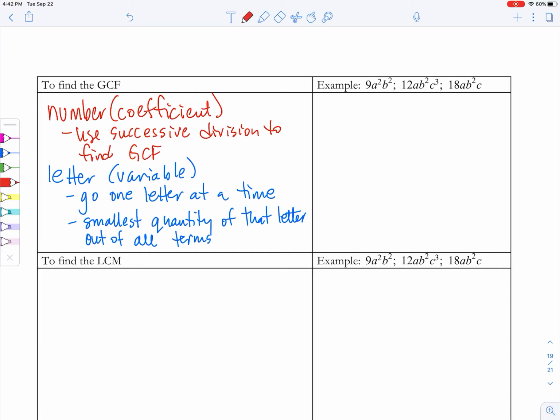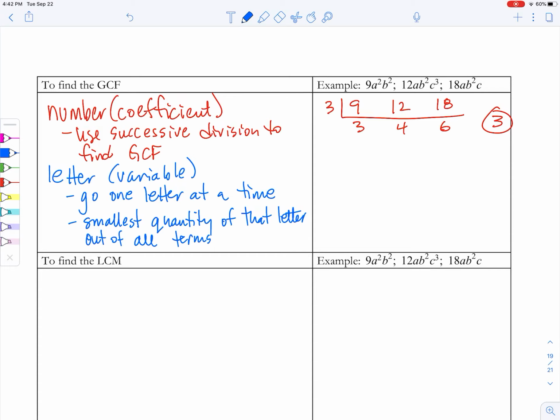So in this example here, we've got 9 and 12 and 18. I can take a 3 out, and that's going to be it. So my GCF, the number part, is going to be a 3.